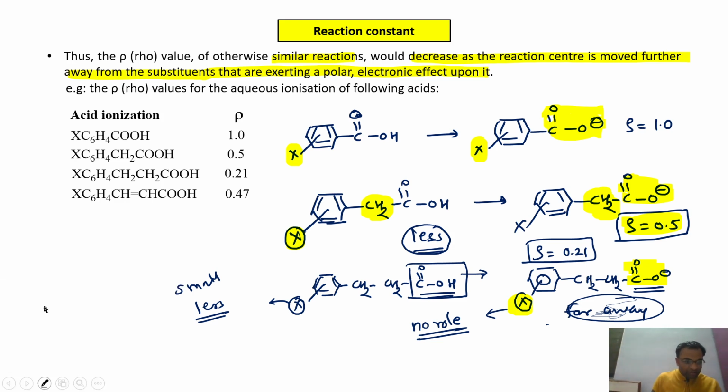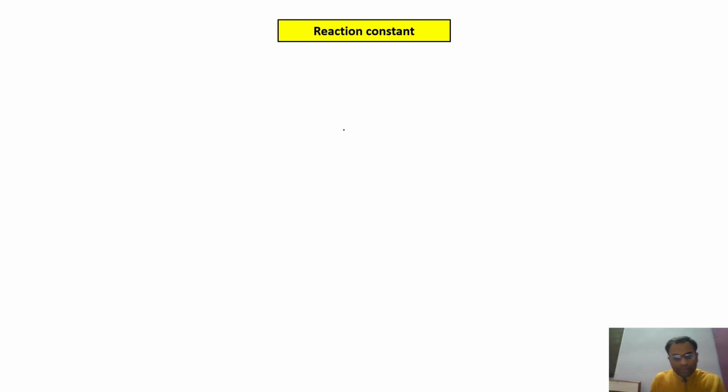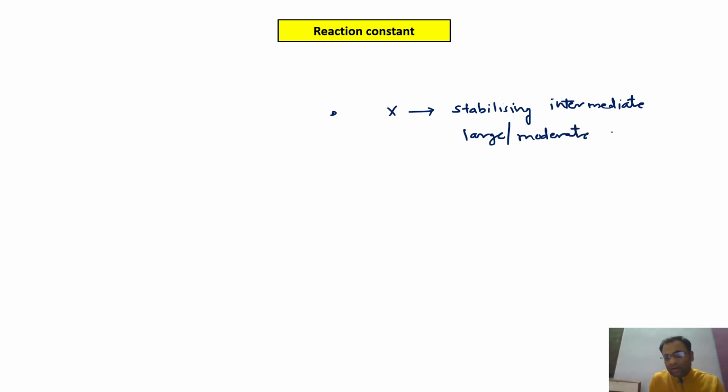In simple language, if this X substituent has a major role in stabilizing the intermediate, then it will have a larger value of reaction constant, a large or moderate rho value.